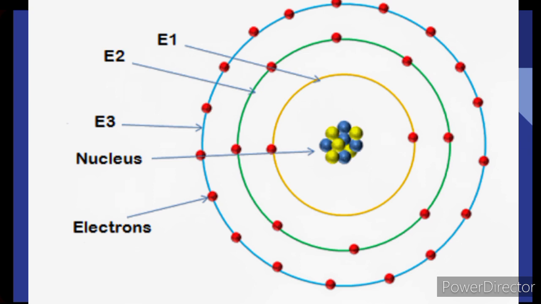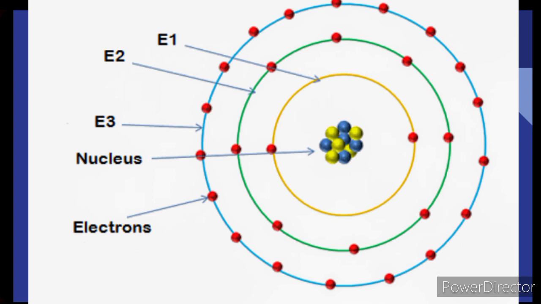Electrons are negatively charged, protons are positively charged, and neutrons have no charge. The attractive force between the protons and neutrons makes them stick together to form the nucleus. Neutrons have no charge, hence the overall charge of the nucleus is positive.